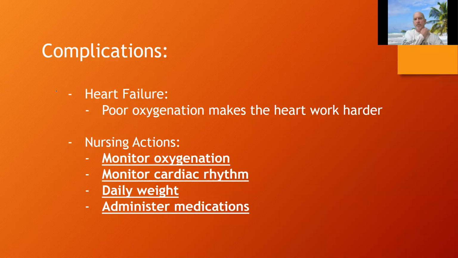The most serious complication of people with anemia is, remember we had tachycardia there. You're going to make the heart work harder because of the poor oxygenation of the blood; the heart tries to compensate by working harder. This is especially true of kidney failure patients.